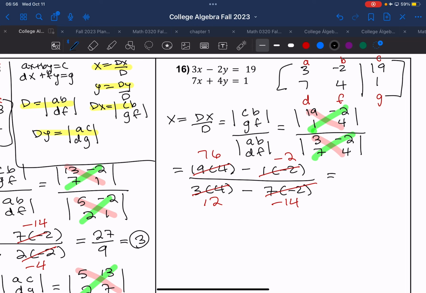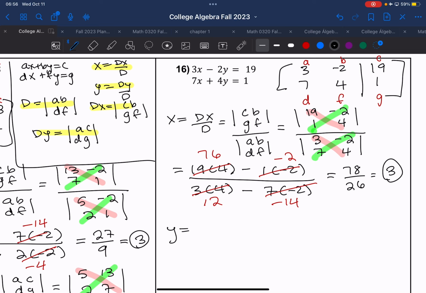That turns into a positive, so I have 76 plus 2, which is 78. And on the bottom, I have 12 minus a -14, which turns into a positive. So what's 12 plus 14? 26. Can we simplify 78 over 26? Yes. To what number? 3. Okay, so we found our x value.